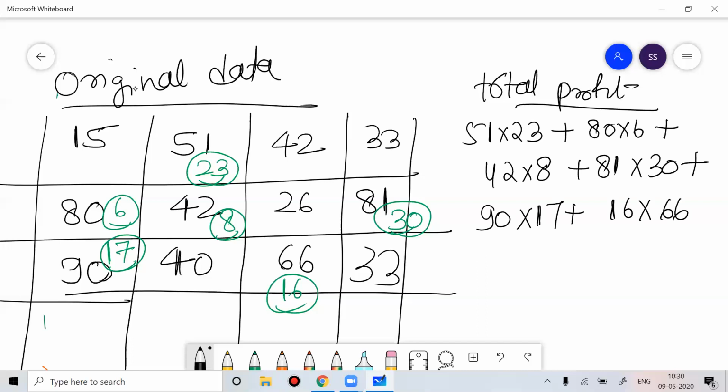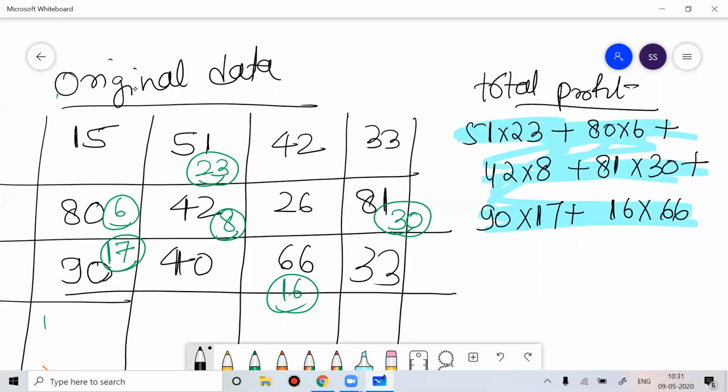Okay, so this was your original problem, guys. So based on the original problem, whatever allocation you have done, based on that allocation you can find the total profit.